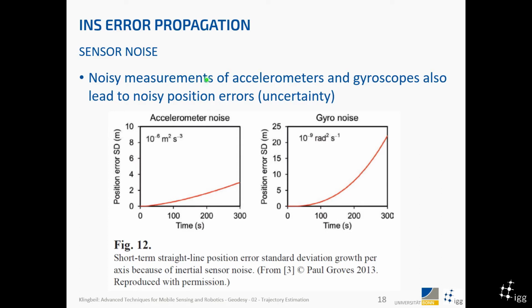So if you have a noisy measurement, if you look at Gaussian noise, which represents the uncertainty of the sensor, and you project it to the future, looking at the uncertainty of the position based on the noise of the accelerometers, this has also a certain time behavior, which you can see here, right? So the longer you measure, the more the uncertainty grows based on the noise of the gyro and the noise of the accelerometer.